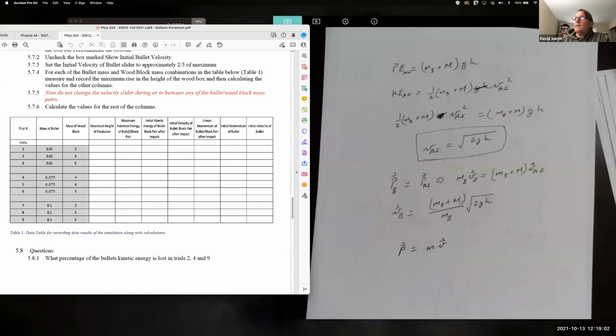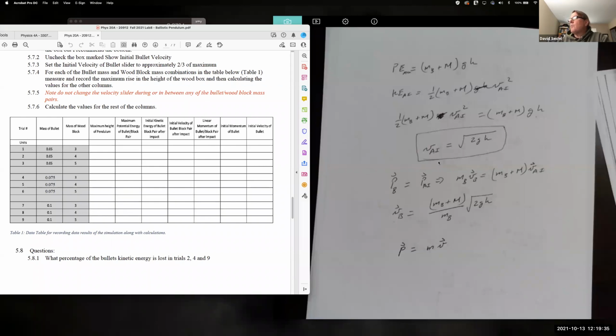So the bullet block pair is the pendulum. The maximum potential energy of the bullet block pair gives you the maximum kinetic energy of the bullet block pair. They're equal. This is the maximum potential energy. This is the maximum kinetic energy. Having the maximum kinetic energy, you can get the initial velocity. So if I have the initial velocity, I can get the momentum.